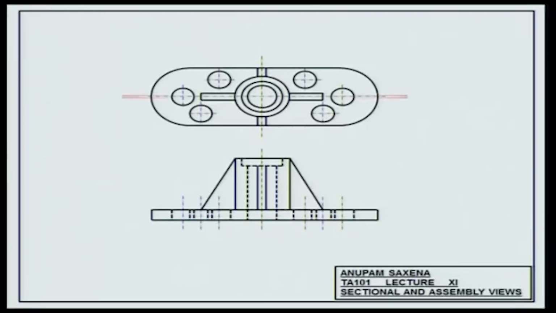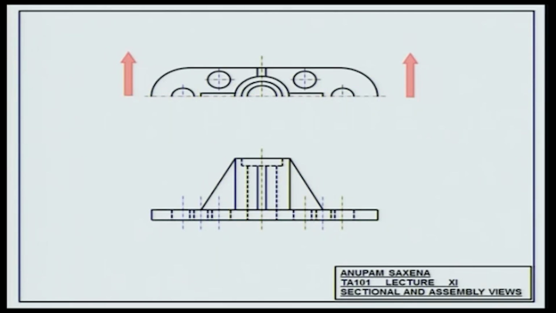This is your section line. This is how the section is depicted by convention. Take the bottom part out and view the object in this direction.